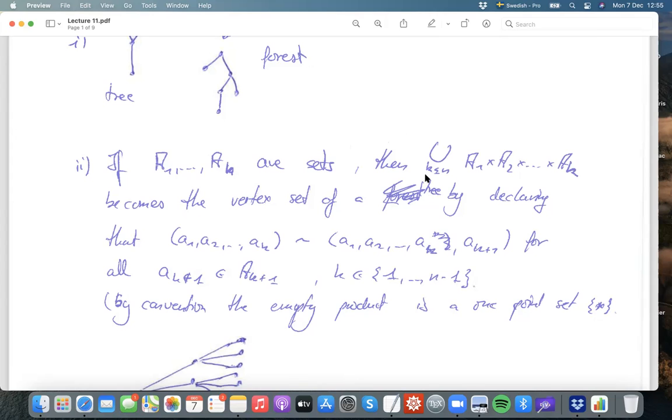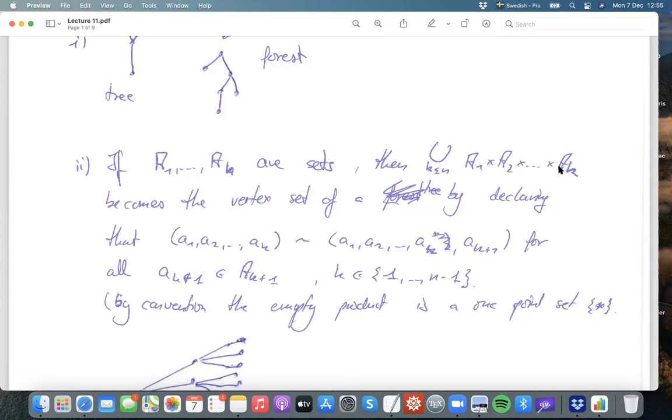I'll be taking the union for all k from 0 to n of the Cartesian product A1 times A2 times A3 times and so on up to Ak. And now this would be my set of vertices.